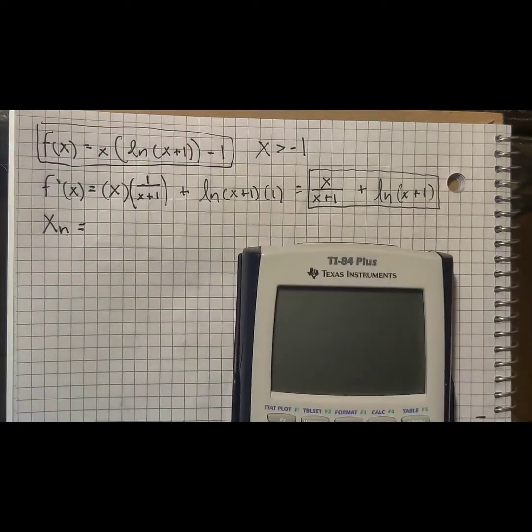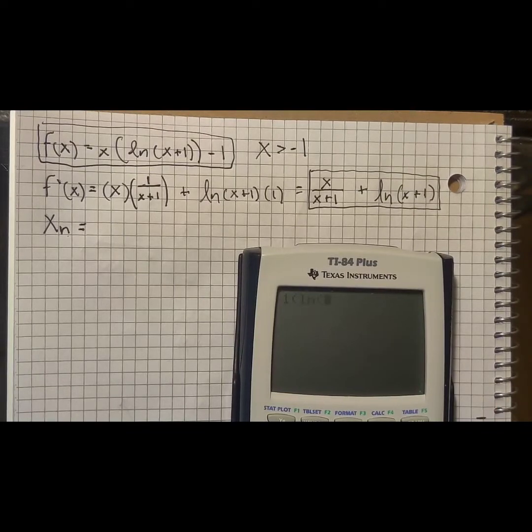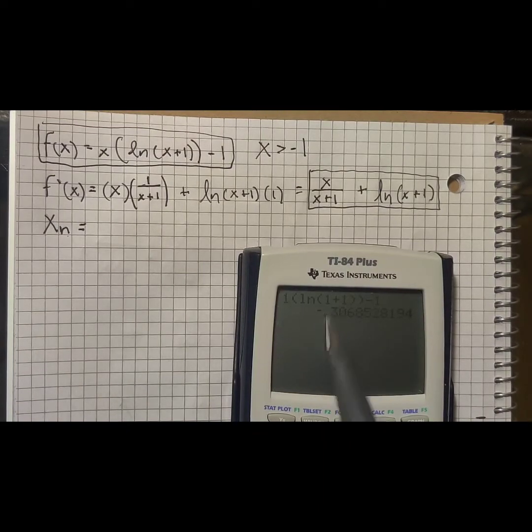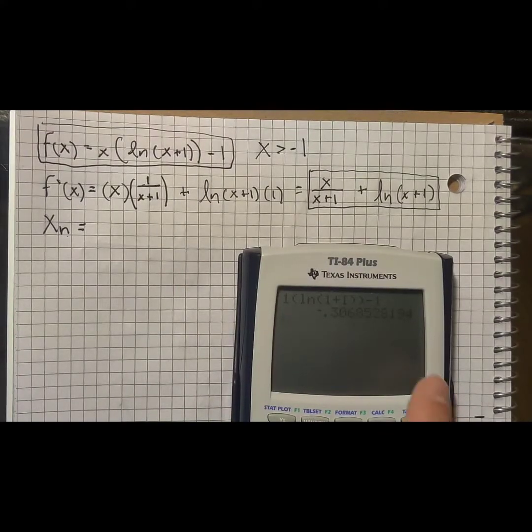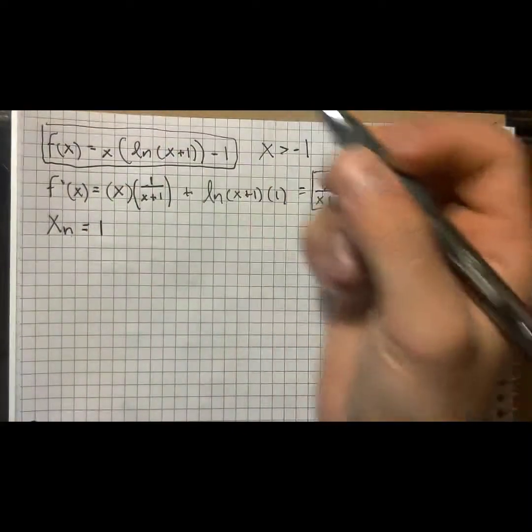Let's see what our function evaluates out to if we plug in 1 for our x value. ln of 1 plus 1, minus 1, gives -0.30685, and so on and so forth. So we can see that this value is a lot closer to 0 than it is if we were to plug in 0. So this is actually a great starting guess. This gets us really close from the very get-go.